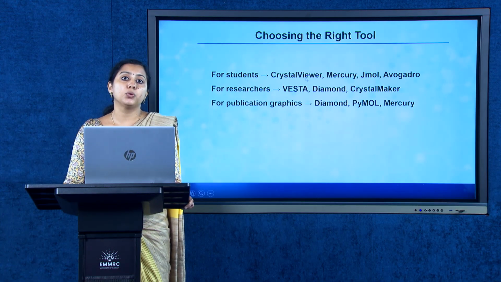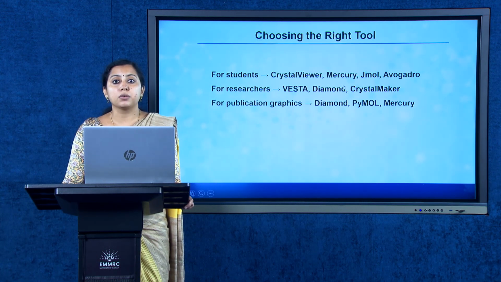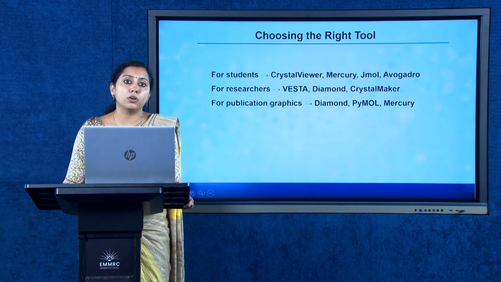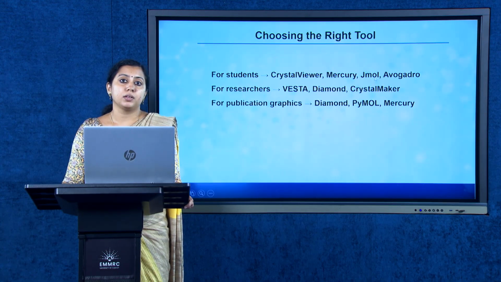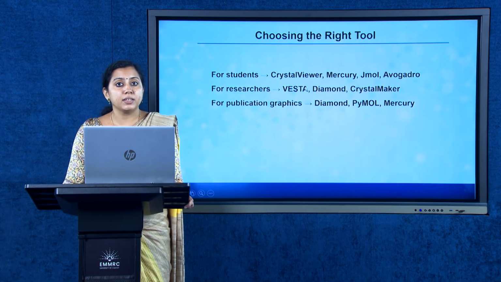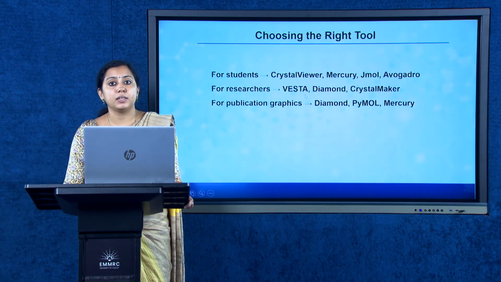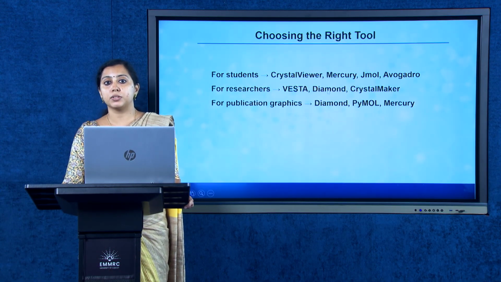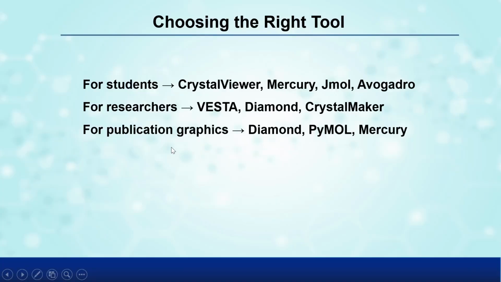It helps us to visualize the basic crystal systems, lattice planes, etc. Then Mercury, JMOL, Avogadro are all suitable for students. For advanced level, for higher research level, VESTA, Diamond, CrystalMaker are all suitable. If you want to generate publication quality images or graphics, then you can opt for Diamond, PyMOL, Mercury, etc.